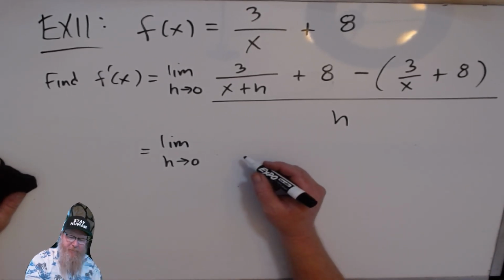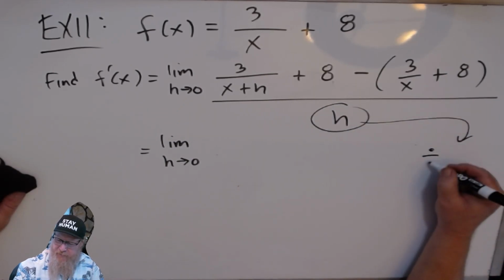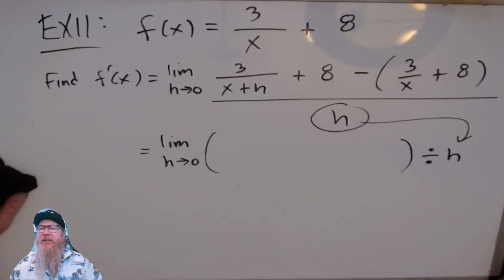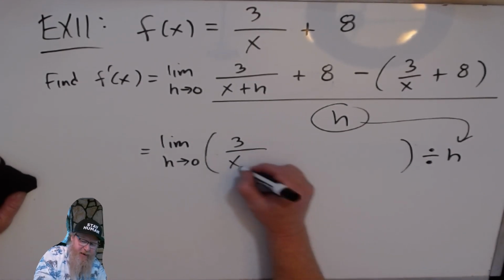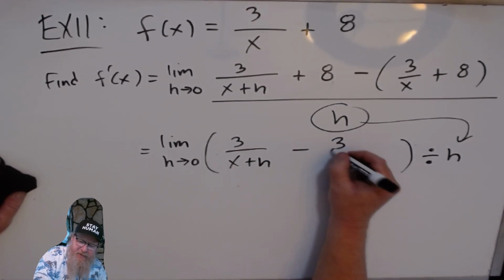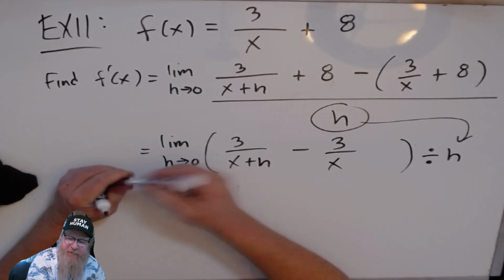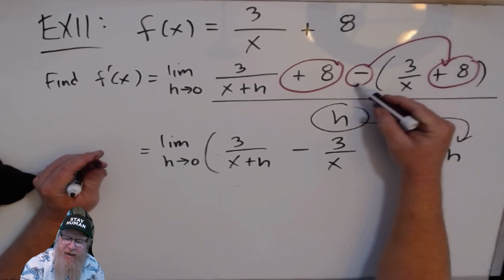So you remember how I like to write this? I like to use old school division. Old school 5th grade division. I also like to simplify this: 3 over x plus h minus 3 over x. I'm trying to save a little space here, but you have a positive 8, and then you've got a negative 8.